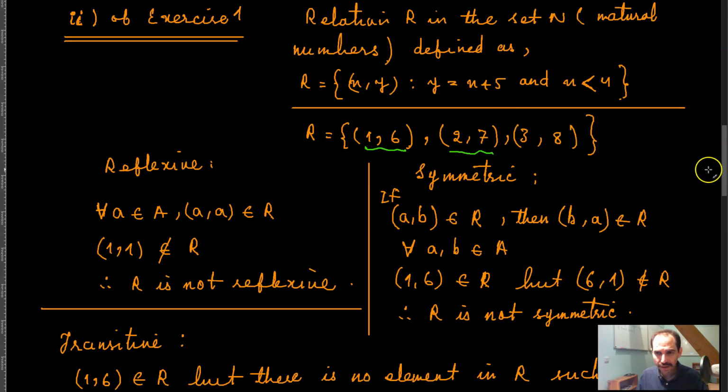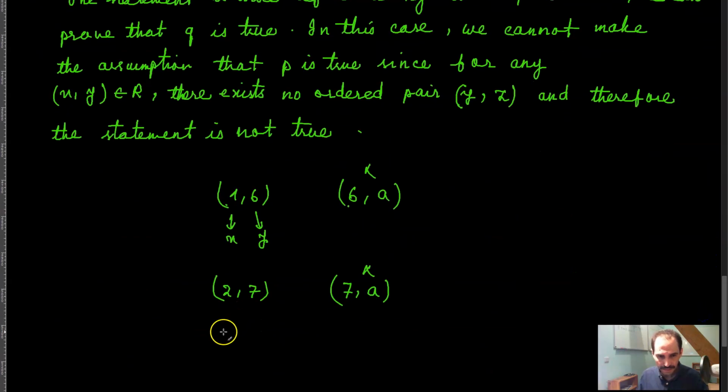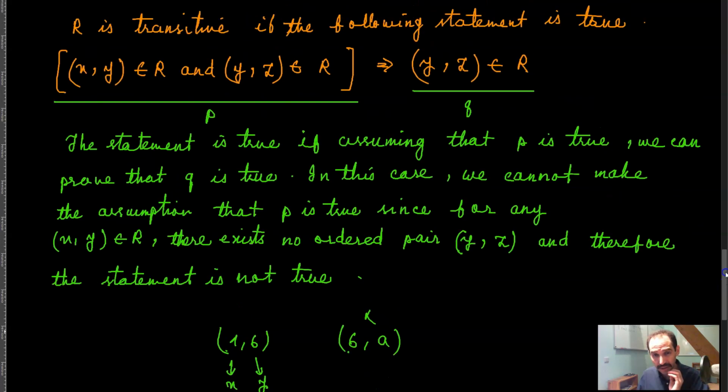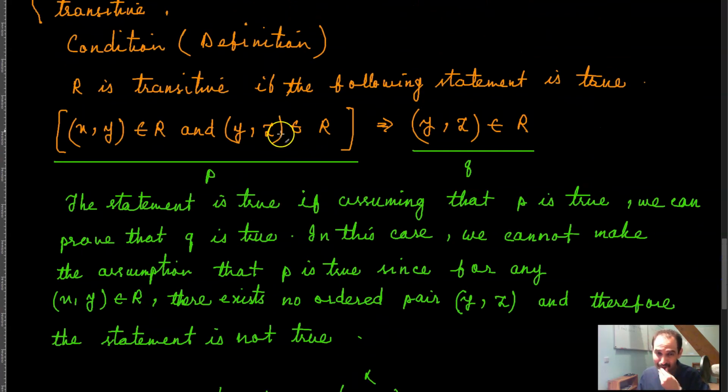Or if I take 3, 8 as x, y, then there is no ordered pair 8, a in that set. This part of any implication is called the hypothesis. I'm not really sure about it, I need to look it up, but this part is called the hypothesis.